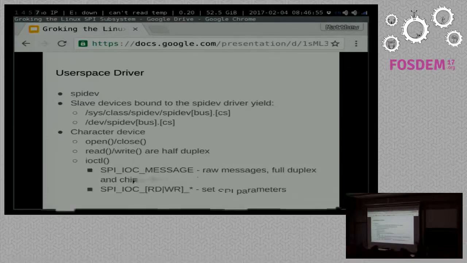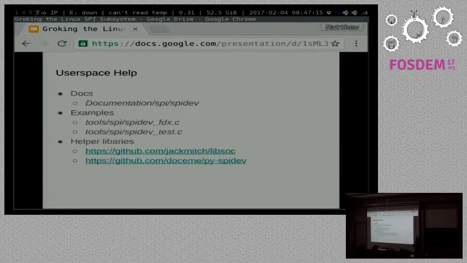You can do raw messages, full duplex, you can control the chip select, everything, and then you have a whole family of read-write IOCs where you can set all the same SPI parameters that you would in the kernel APIs. So you have full control. You can build up complex messages with lots of different transfers, just like you can in kernel space.